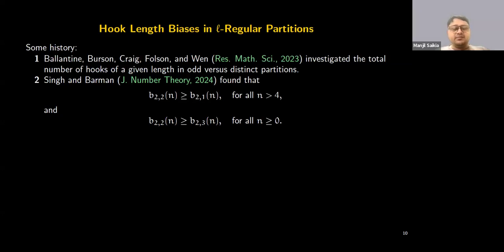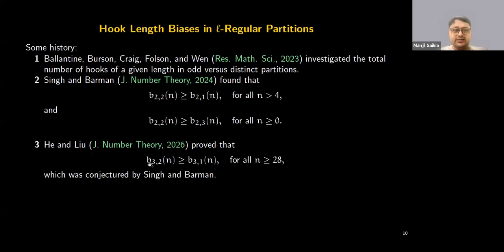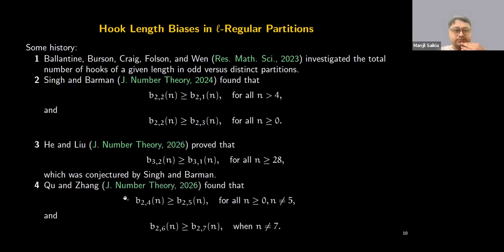The next year after Ballantine and her co-authors' work, Singh and Barman looked at some more general classes of hook lengths where, instead of focusing on odd partitions, they also looked at partitions where the parts were not divisible by other numbers. For example, they looked at 3-regular partitions, and they showed that there are certain inequalities satisfied by the quantities b_{3,2} and b_{3,1}.